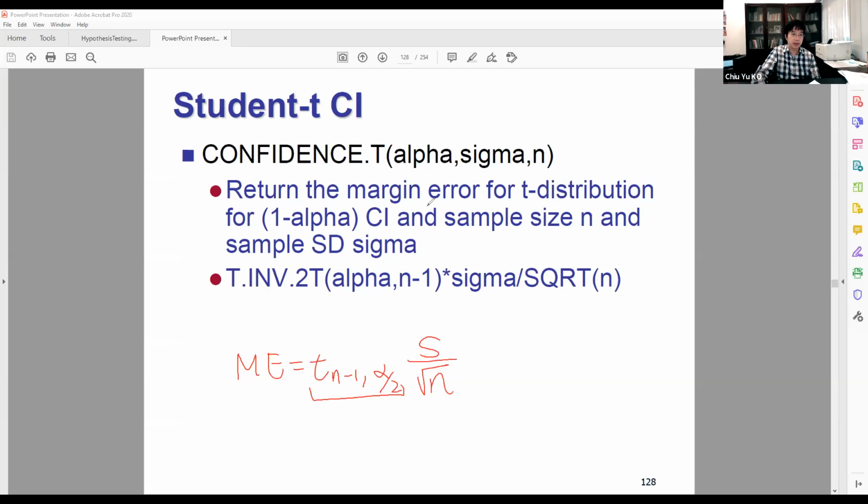Because this depends on your alpha and actually your sigma is S. It's alpha, sigma, n, so the same thing here. This is the idea, but you can see the example, then you will see this is the same thing. So this is confidence T, which gives you the 1 minus alpha confidence. So it's two-sided again, because this is a confidence interval. There's no one side, it's always two-sided.